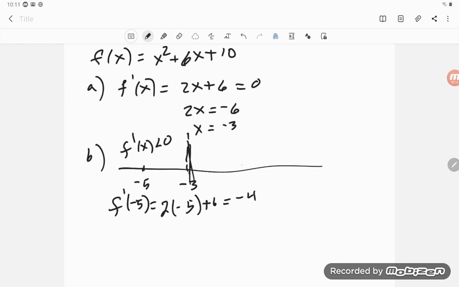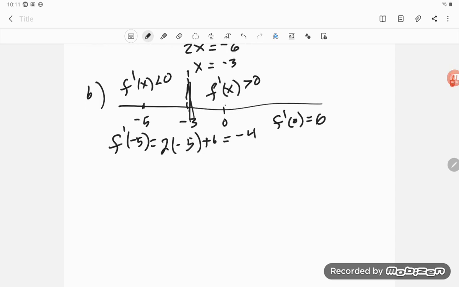And then if I look over here, probably 0 is the easiest thing. When I put that in, I see that f prime of 0 equals 6, which is greater than 0. So over on this side, f prime of x is greater than 0.